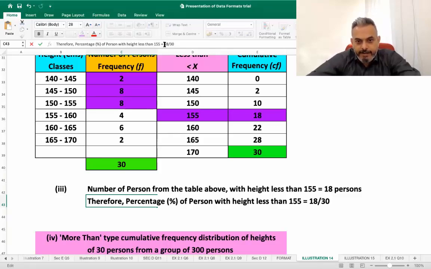So 18 divided by 30 into 100, which is equal to 60%. 60%, answer.